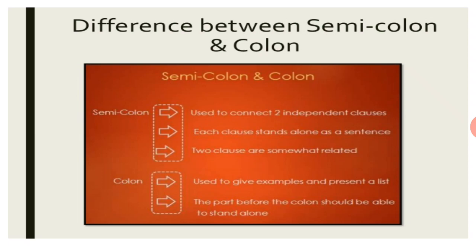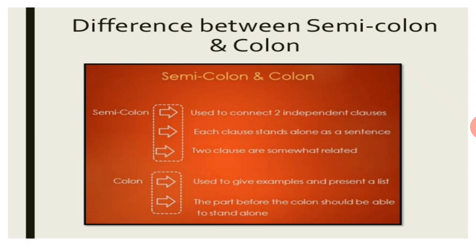Got it? So just now we saw the colon as well as the semicolon. In the semicolon we learned where we have to use it: to connect independent clauses and show the relationship between the two statements. Here they clearly explain the difference.